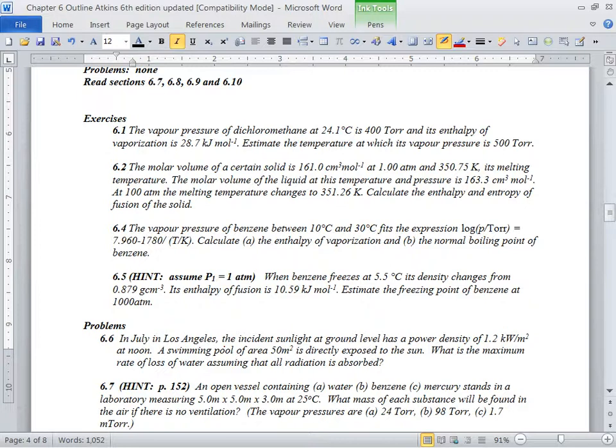Because they told us the vapor pressure at this temperature, and they told us the enthalpy of vaporization. So do we have everything we need to use that?